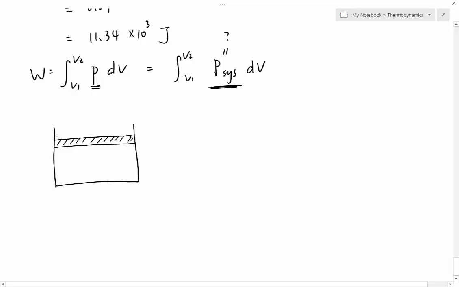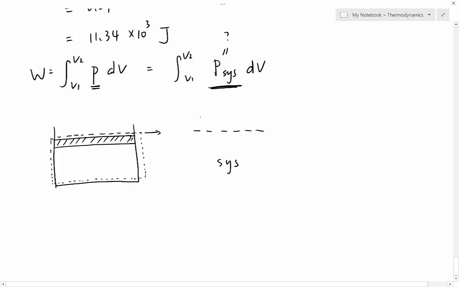And what is my system? This time my system is piston plus the cylinder. So you draw a new dashed line, including both the gas and the piston, and everything under this top dashed line is your system.